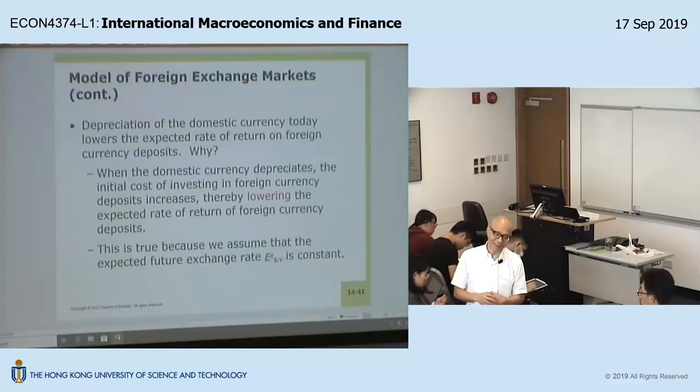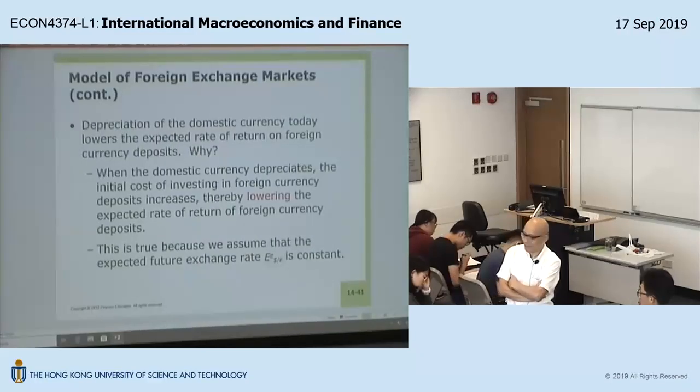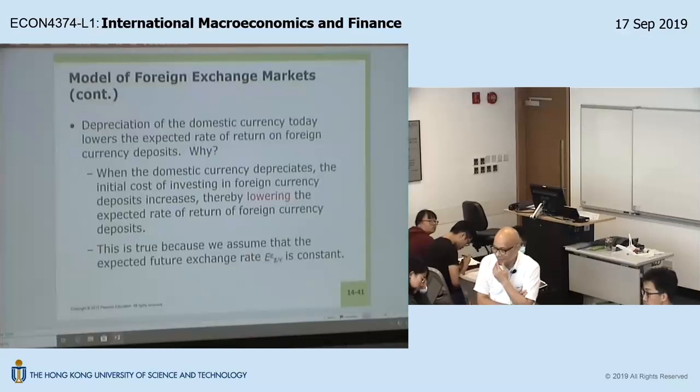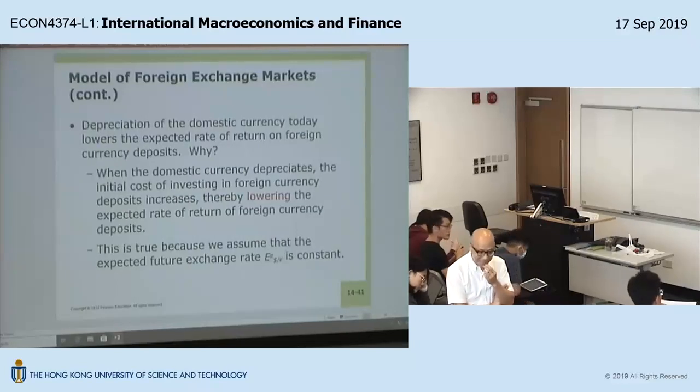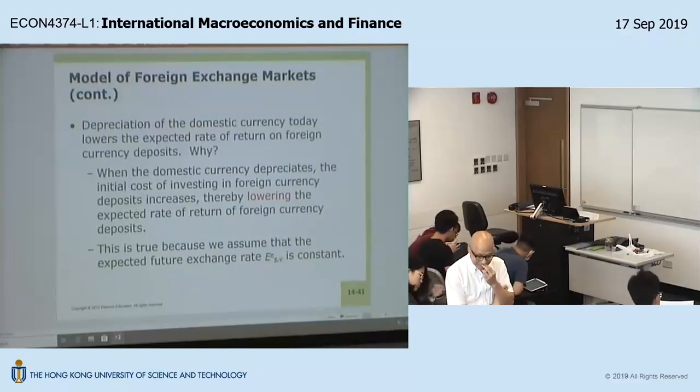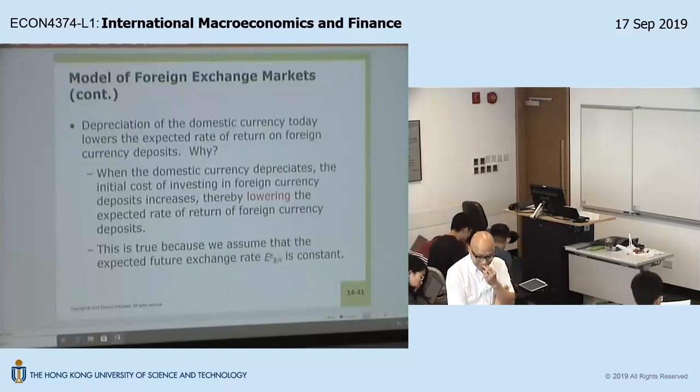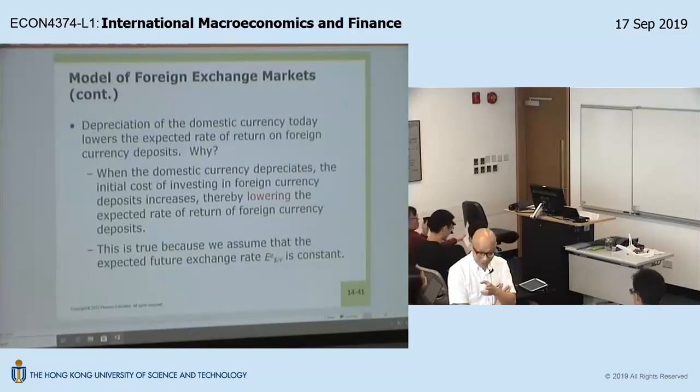But the prices in your country shouldn't change because it depreciates. The prices of goods in your country. Okay, right. So it doesn't really matter if you hold foreign currency, I guess. Okay. So you're talking about the prices of things in your country.